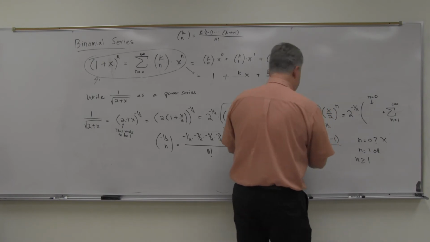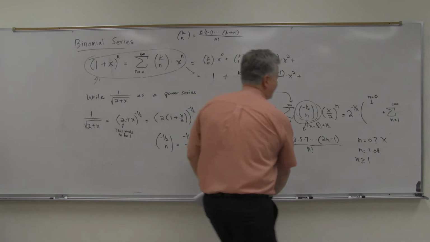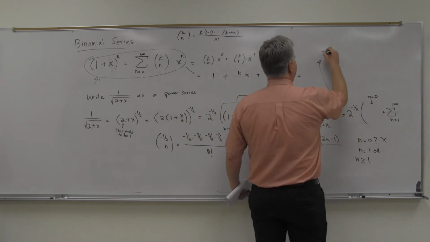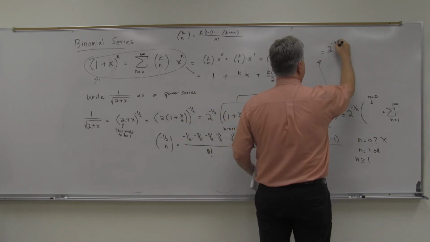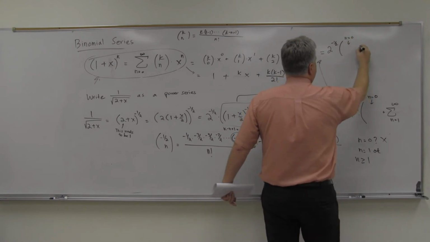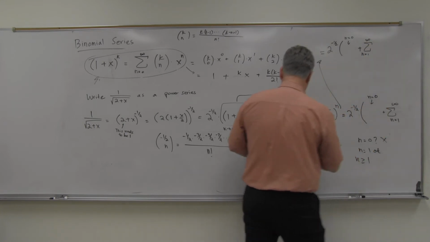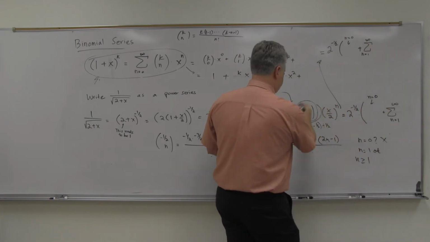So this can be replaced by this. I'm not going to have room for that one. Let's go up here. All right, so I have 2 to the negative 1/2 times, and the n equals 0 term I'll do separately. Plus then our series, n equals 1 to infinity. And then this will replace this.